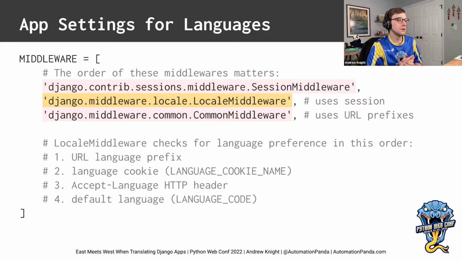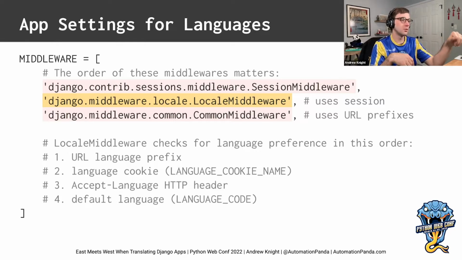So when you load a page in your Django app, locale middleware checks for your language preference in a specific order. And based on that, if it can find your language preference, it will try to render your page in that appropriate translation, in that appropriate localization, I should say.